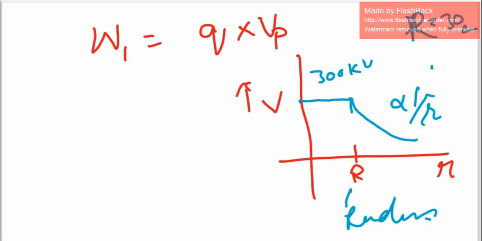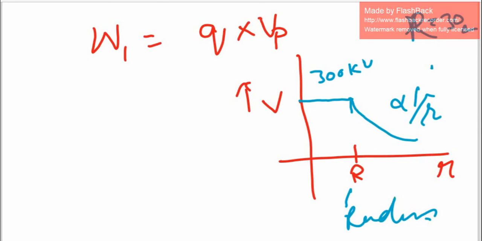Now imagine we have surfaces of equal potential, just like in maps, the mountains of equal heights, different mountains of equal height, which we call the altitude.